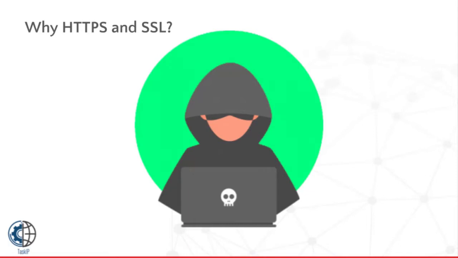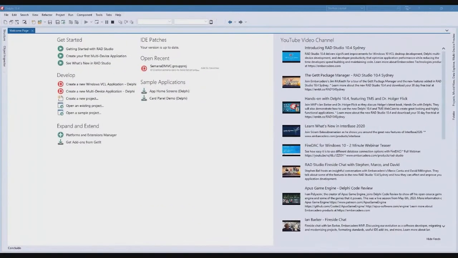Okay, guys? So after explaining why this is important, we can proceed and we will use the same project that we are using the whole week. So now that you know why it is important to have SSL, let's first create a self-signed certificate so we can enable SSL.